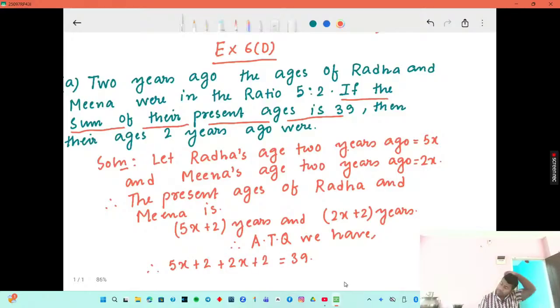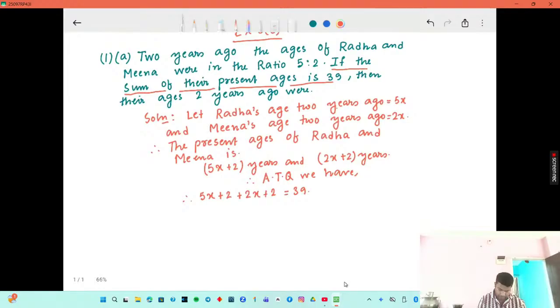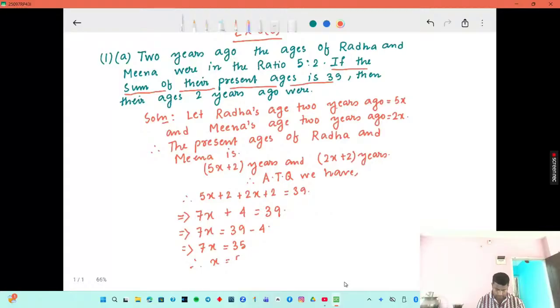Now we will solve and find the value of x. 5x plus 2x is 7x, plus 2 plus 2 is 4, equal to 39. That is 7x is equal to 39 minus 4, that is 7x is equal to 35, therefore x is equal to 5. So the value of x is 5.